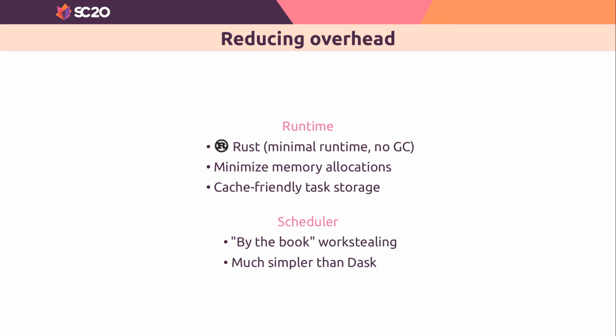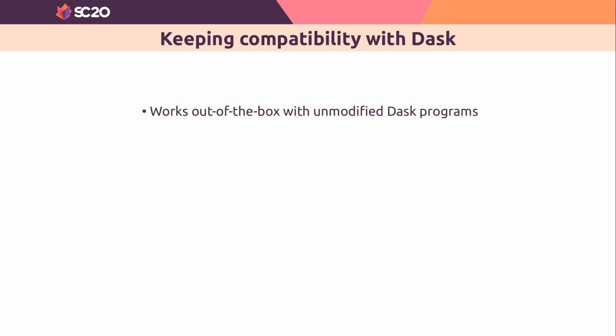For scheduling, we have implemented a classical by-the-book workstealing algorithm that is much simpler and less tuned than the Dask workstealing scheduler. To keep compatibility with Dask, we have reused its communication protocol. Therefore, RSDS works out of the box with unmodified Dask programs, and even though it is not feature complete, it supports a large variety of common Dask workflows, as we will see in a while.